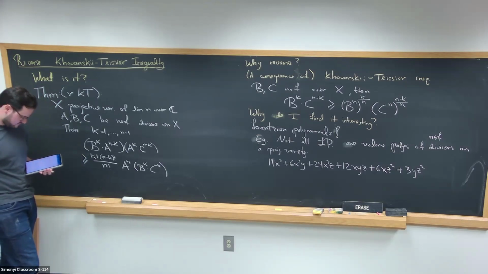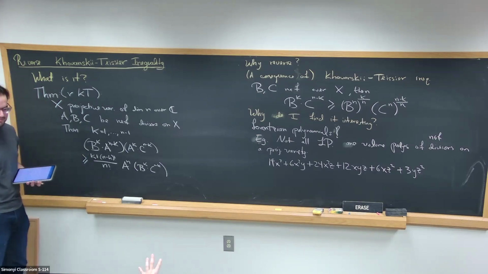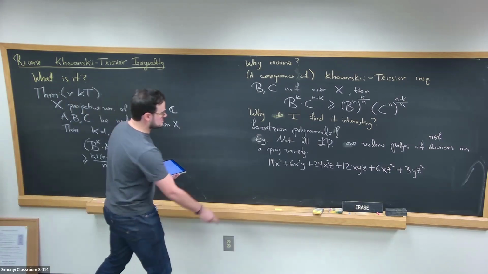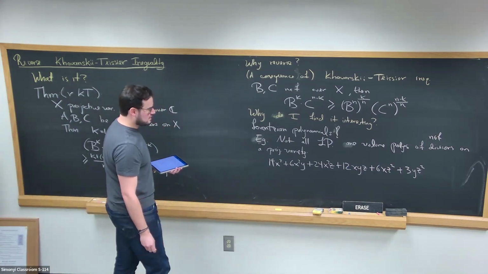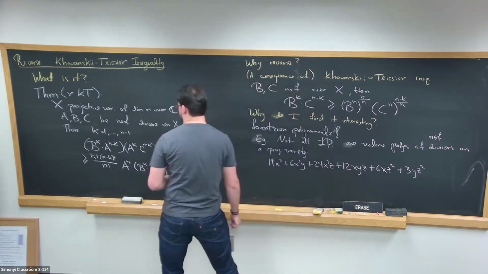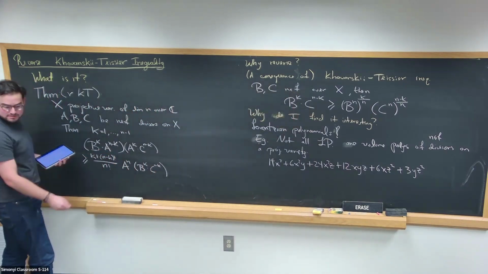Okay. Yeah, I don't see how I get from this inequality to these Lorentzian polynomials. Oh, okay, so this Lorentzian polynomial in this case, you should think of these coefficients as this intersection number. Oh, I see, okay.